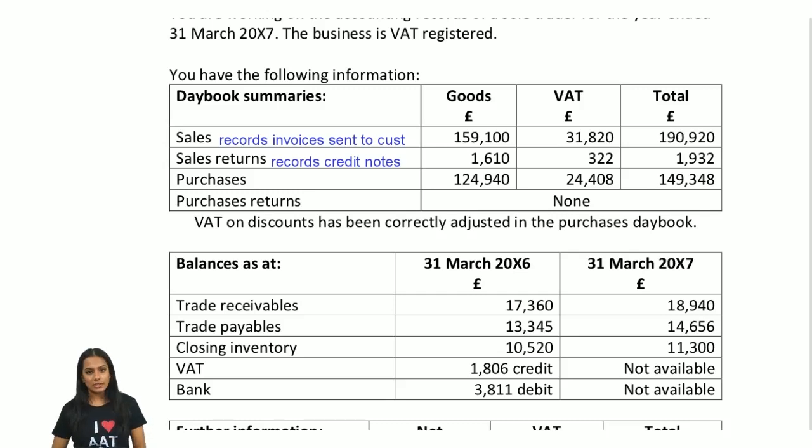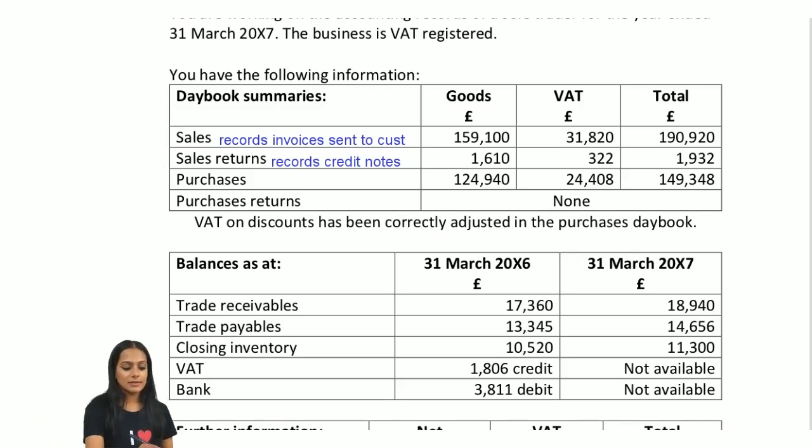If we issue the customer with a credit note, it means they owe us less money, so the amount that we expect to receive will be reduced. The total amount is the total amount that we don't expect to receive anymore, but the VAT amount will be the amount that is no longer payable by the customer and no longer due to HMRC.